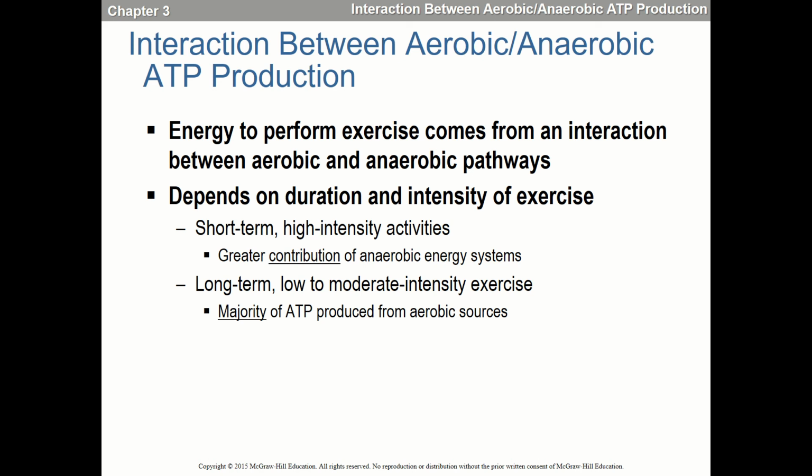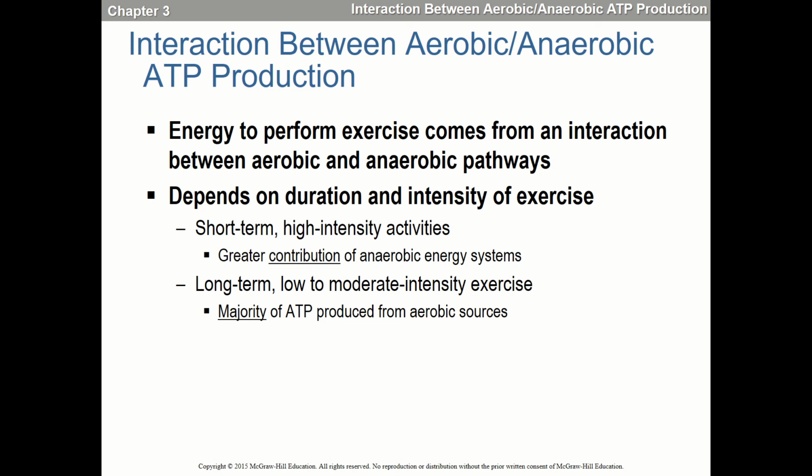There's a greater anaerobic contribution for short-term high-intensity exercise, right? Think about this like sprinting 60 meters or 100 meters, versus running a marathon. Those are kind of the two ends of the spectrum that I want you to think about.